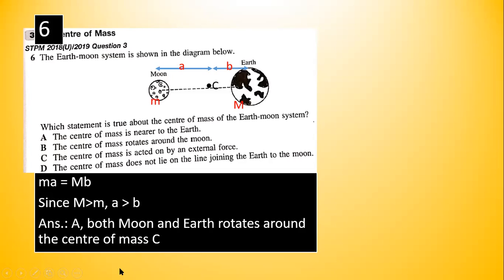This is inversely proportional. No, because MA equals to MB, then M is direct. Oh yeah, inversely proportional. Yeah, because the mass of Earth is even higher than Moon. Earth has a greater mass, that you must know. Okay, next question.